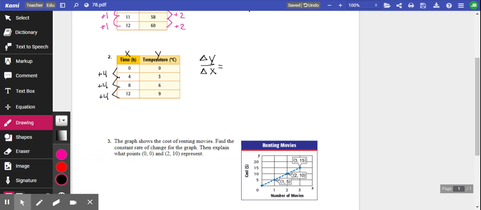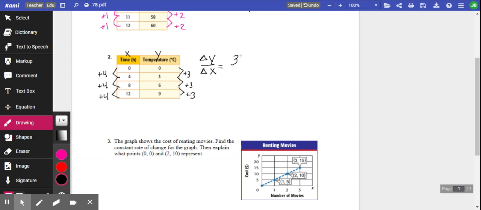The nice thing is, if this continues to stay the same, then we really don't have to worry about checking our other values. Now, from 0 to 3, we would say that's an increase of 3. 3 to 6, still an increase of 3. And from 6 to 9, an increase of 3. So again, our change in y is going to be 3 here.